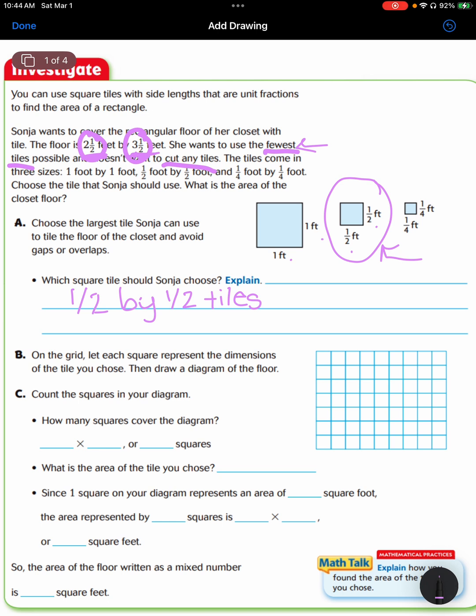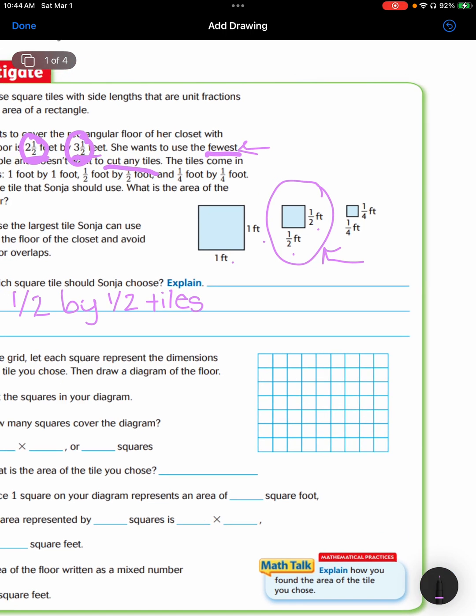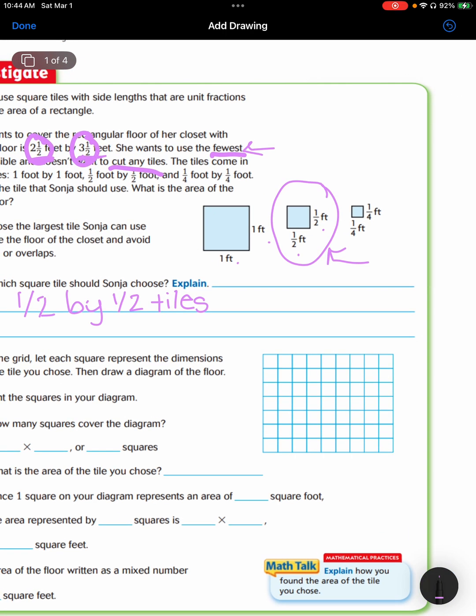For B, it says on the grid, let each square represent the dimensions of the tile you chose. Then draw a diagram of the floor. So first things first, if we want to multiply and find the total amount of tiles we would need per se, we would have to do 2.5 times 3.5.